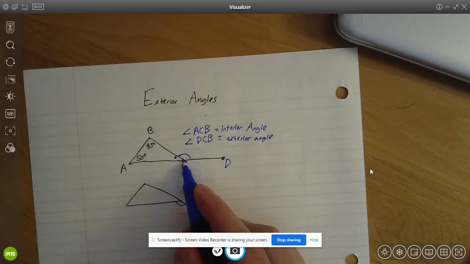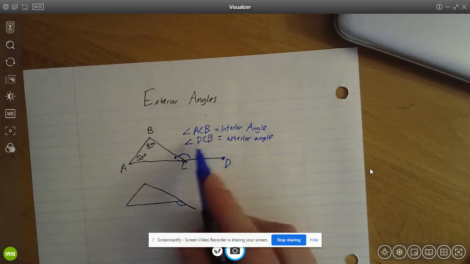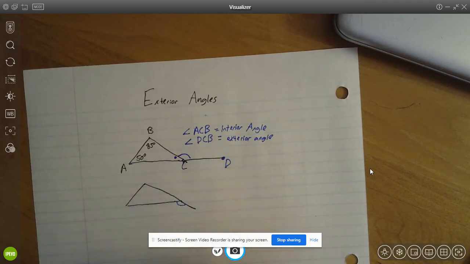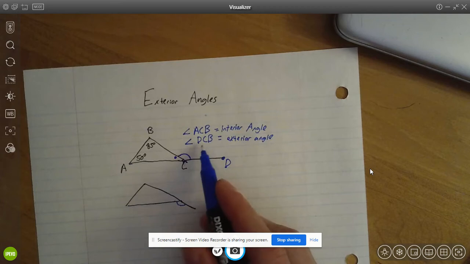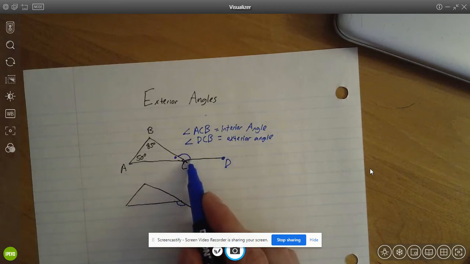Again, the vertex has to be in the middle, so you have to be careful when we label angles if I've got two angles surrounding the same vertex. What is my exterior angle DCB here? Well, I know it creates a straight line, so 180 degrees will be the sum of the interior and the exterior.